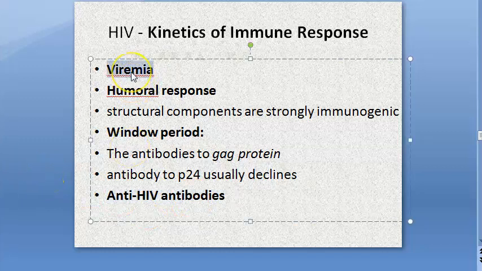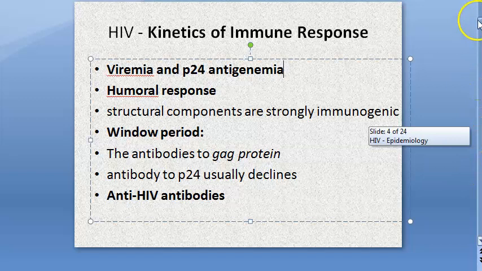Let's look at it now only, why look up later. So basically, understand how our body responds, okay? Viremia: as soon as the virus enters the body, there will be viremia, you know this, and P24 antigenemia. Where was this P24, guys?